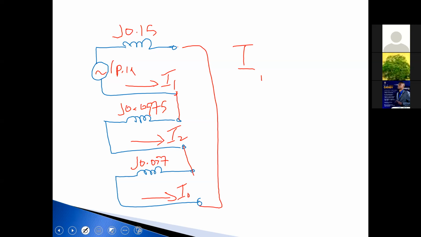Come on, Mr. Freighter, man. I1 is equal to the negative of. We're going to negative, man. Let's look at the simple circuit now, Mr. Freighter. How are these items connected?